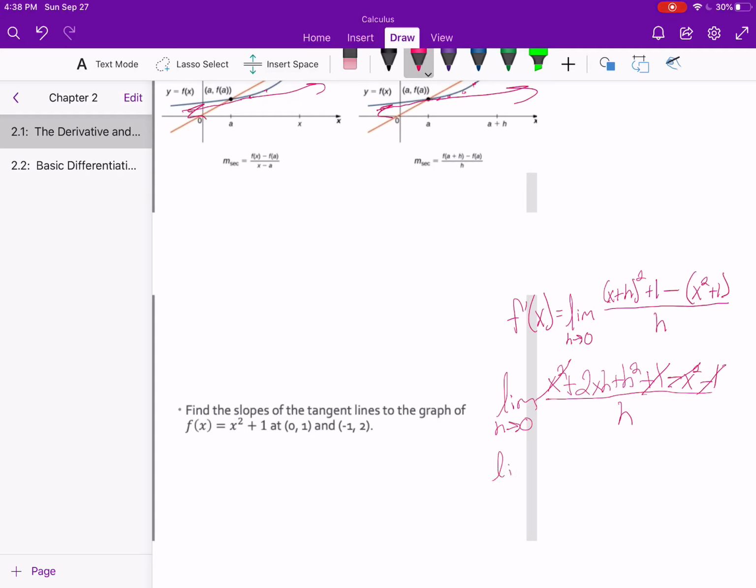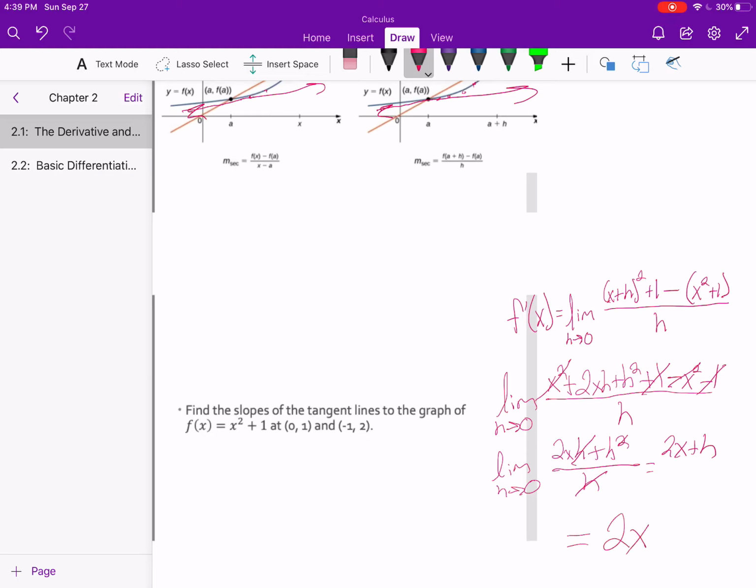Right now what we're left with is the limit as h approaches 0 of 2xh plus h squared over h. Direct substitution still doesn't work, but notice that we can take an h out of everything. So 2x plus h. And as h goes to 0, we're left with 2x.